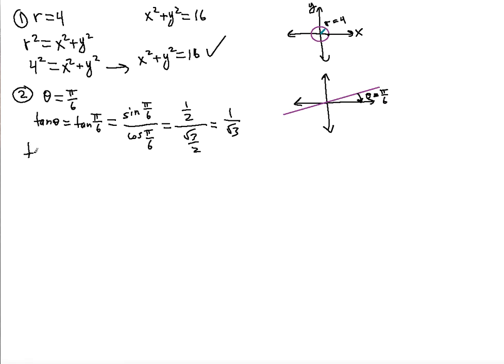Now notice that in the famous substitution, tangent of theta is equal to y over x. So we can now set 1 over radical 3 equal to y over x. What do you get? You simply multiply both sides by x, and as a result, you will get y is equal to 1 over radical 3 times x.